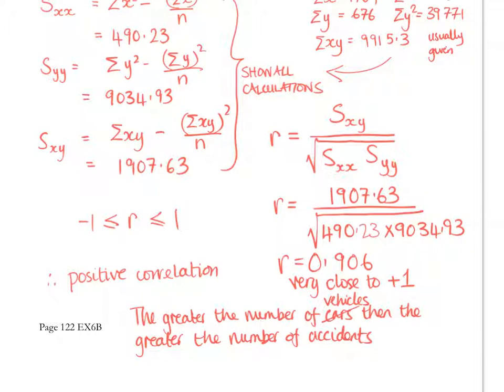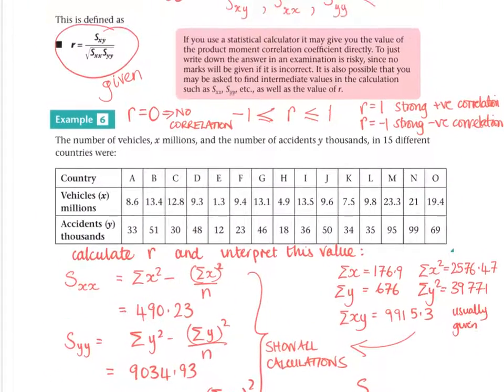So if we look back at the table, we started off with the statement, the greater the amount of vehicles, because that's your x value, and then we relate that to what's happening with the accidents.